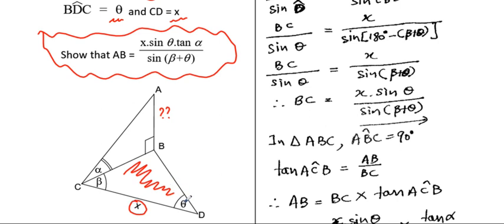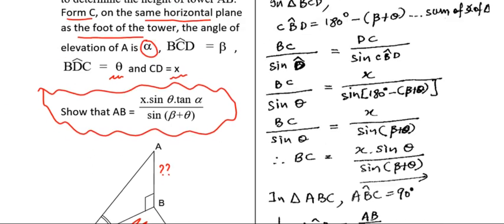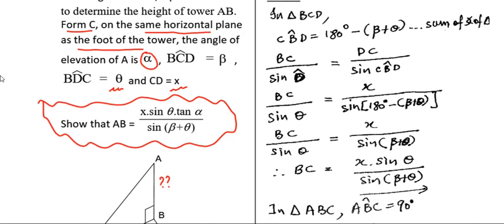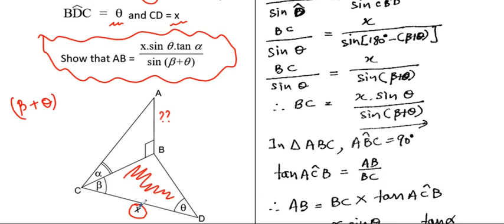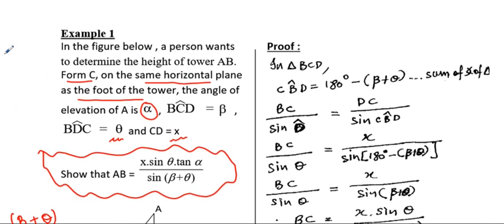Once again, let's check. I have two angles and one side, therefore the sine rule. Now, whenever you see beta plus theta, then you must know that it's useful to understand that x is opposite this angle here, and therefore that angle is 180 degrees subtract beta plus theta. So it's kind of useful if you pull out triangle BDC and draw it here.